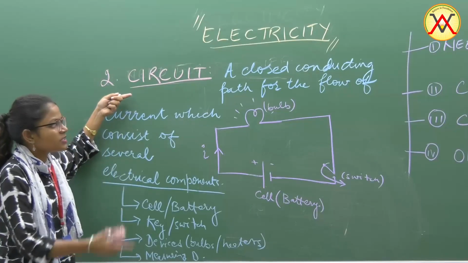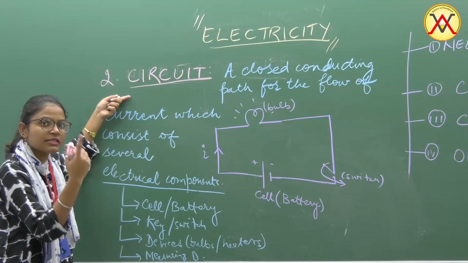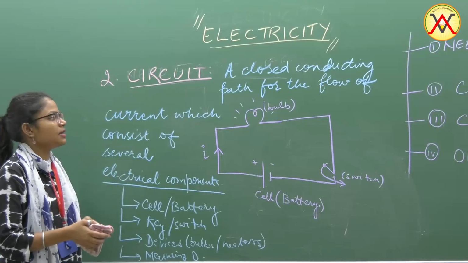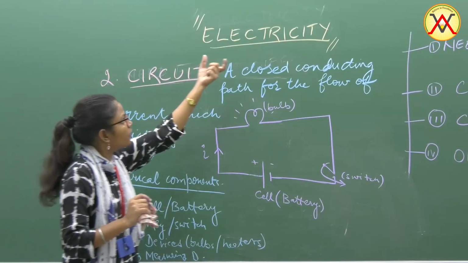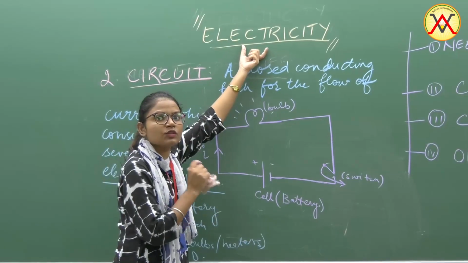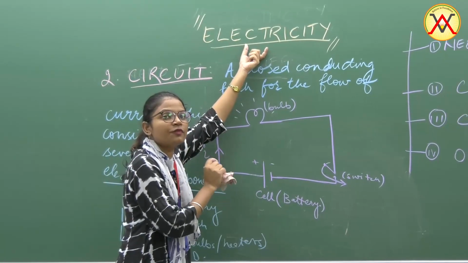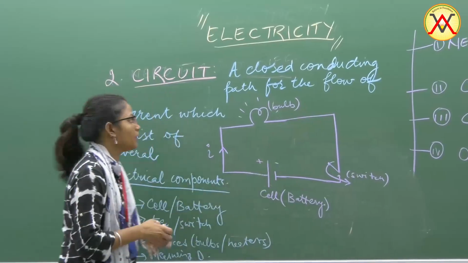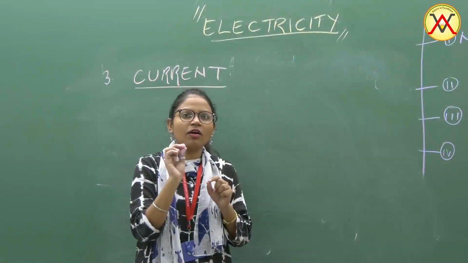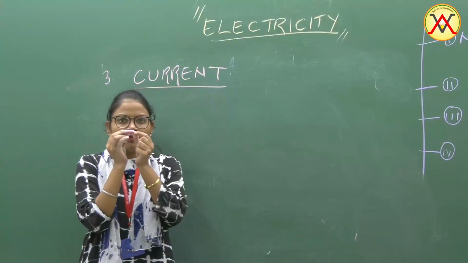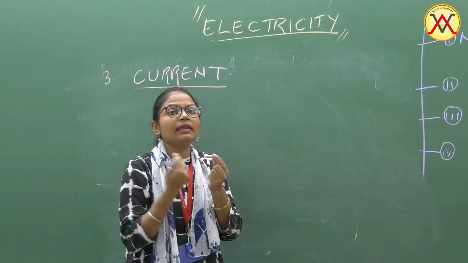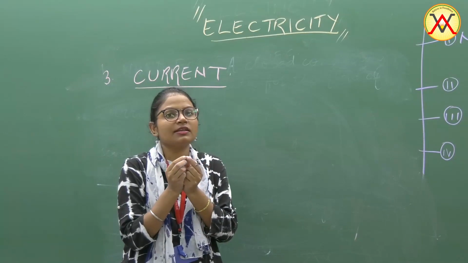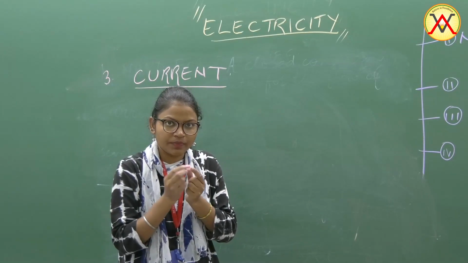now that we have studied our need for potential difference, now that we have studied what is a circuit, let us discuss our major part where this whole chapter is going to revolve, is going to focus, that is current. Okay. Speaking of which, whenever we say that current is flowing through any device, through any material, that means that material is a good conductor of electricity.